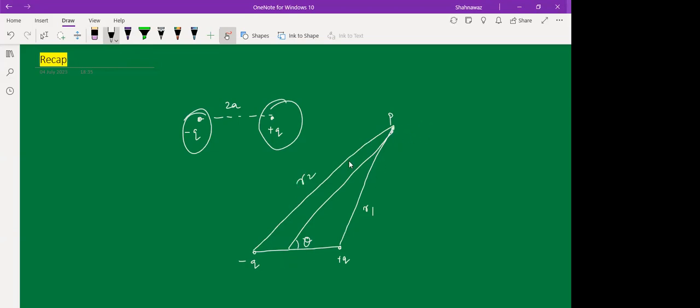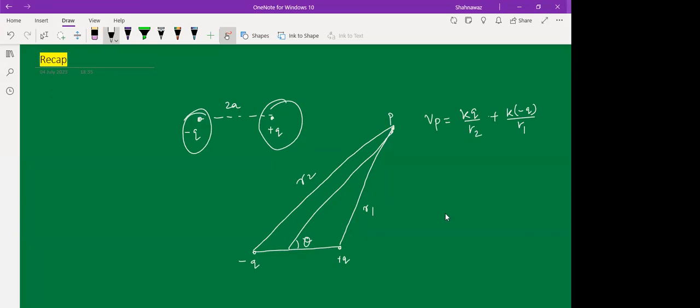So the electric potential at this point P would be due to this minus Q charge and this plus Q charge. So due to plus Q charge, it would be KQ by R2, right? And due to this minus Q charge, this would be K minus Q by R1, right?